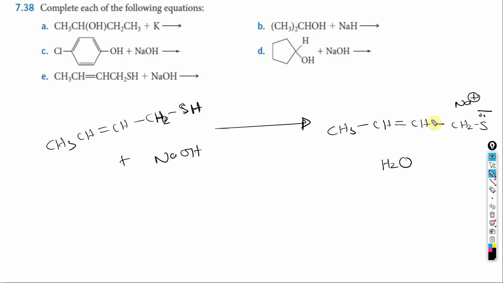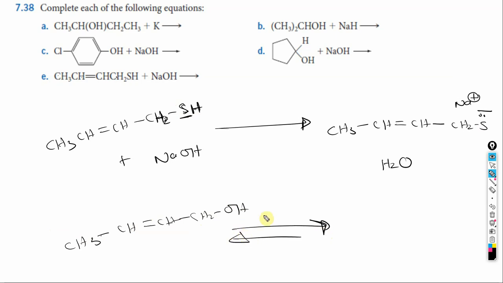And as we discussed again in the classroom, thiols are stronger acids than alcohols. Like, say for example, if we have the corresponding alcohol here, then this is going to be a reversible reaction. In fact, the equilibrium is more towards the left, because alkoxides are not very stable anions.